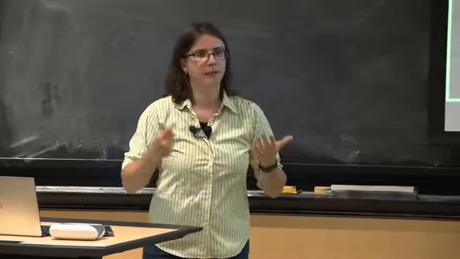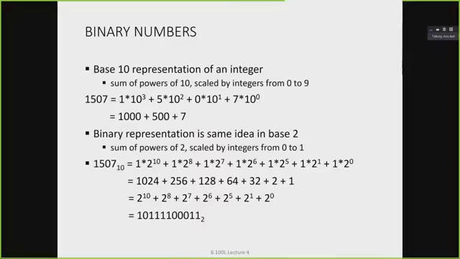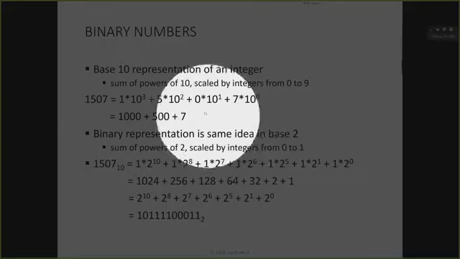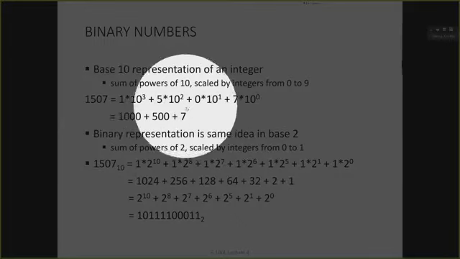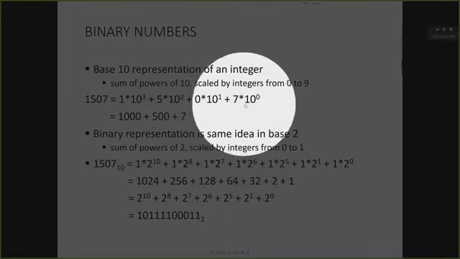When we're dealing with integers, this is not a problem, because we can easily convert whole numbers in base 10 to base 2. The problem will come when we do floats. You don't need to know how to do the conversion, but it will give you an intuition for what's going to happen. So the number 1,507 in base 10, what we have up here, is 1,000 plus 500 plus 0 times 10 plus 7.